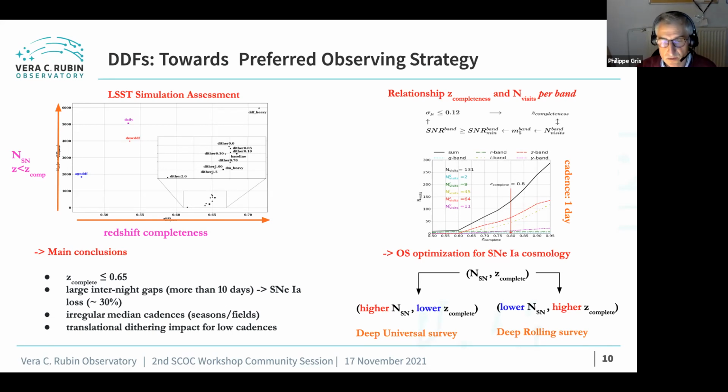This is what we call in the following the deep universal survey. Or we can choose to optimize the redshift completeness to go to higher redshift. But in that case, because of the time budget, we cannot have a high number of well-sampled supernovae, and this is the deep rolling survey. So next slide, please.